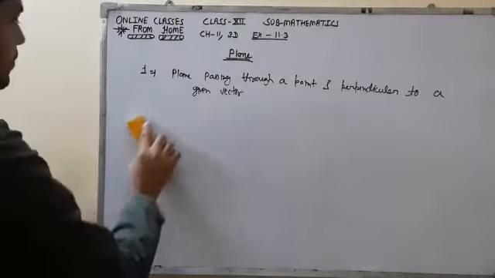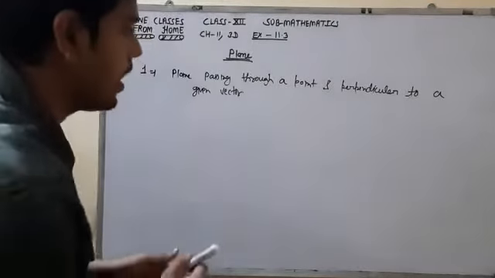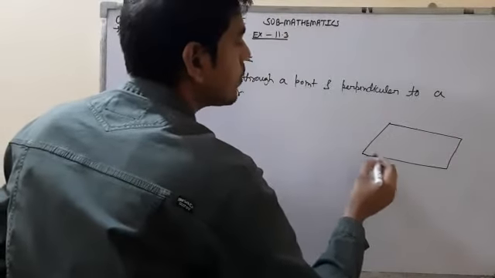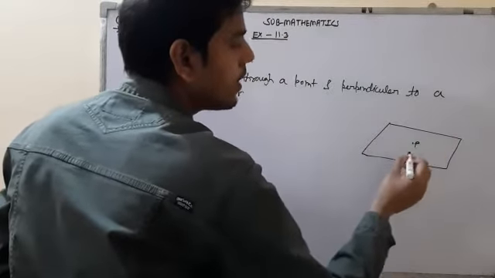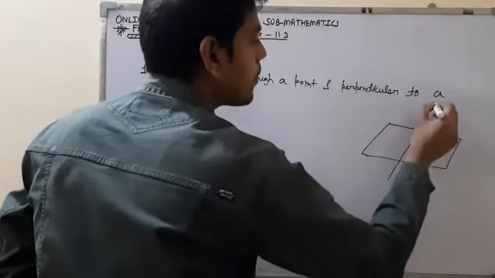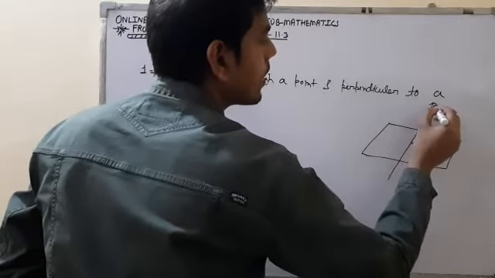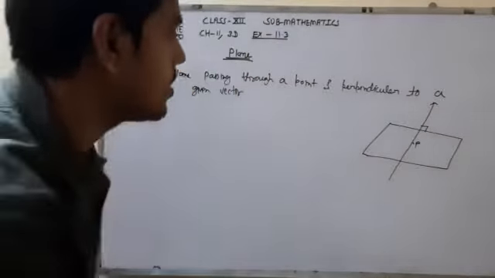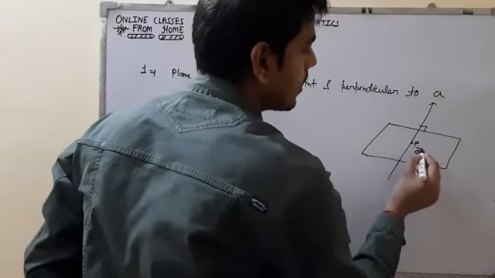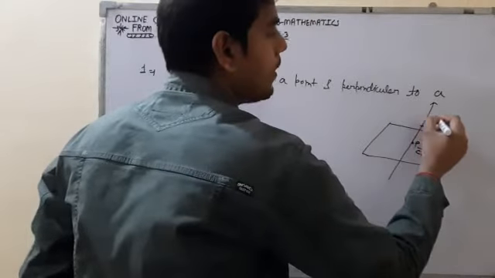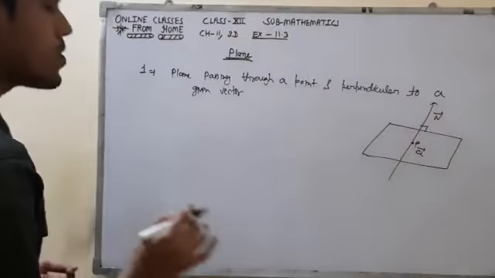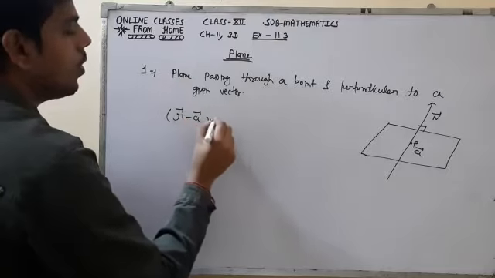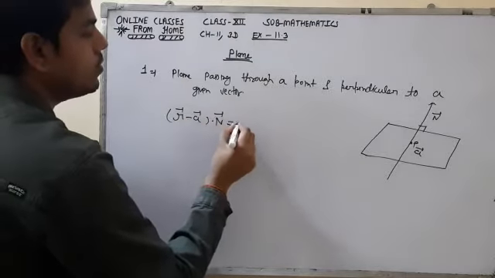Suppose we have a plane which is passing through a point P and perpendicular to a given vector or given line. Okay, so now suppose this is the position vector of point P, a vector, and this perpendicular vector is n vector. So the equation of the plane would be r vector minus a vector, dot n vector, equals 0.